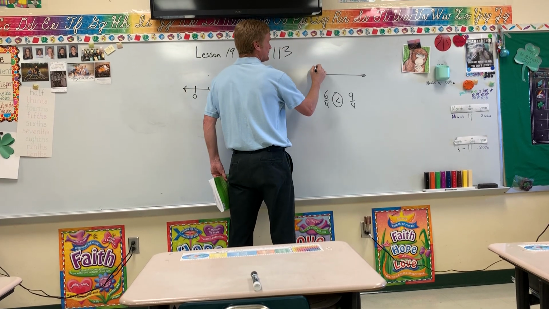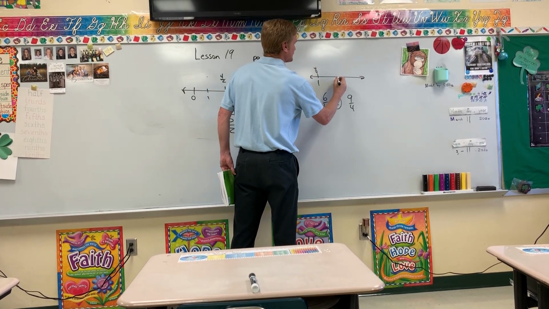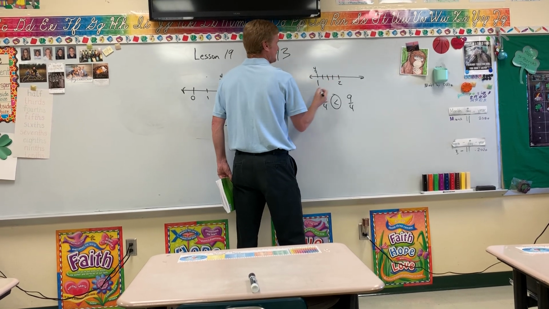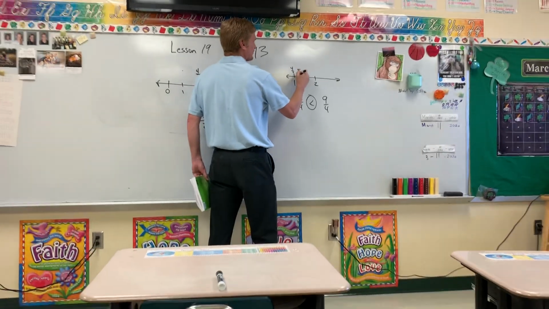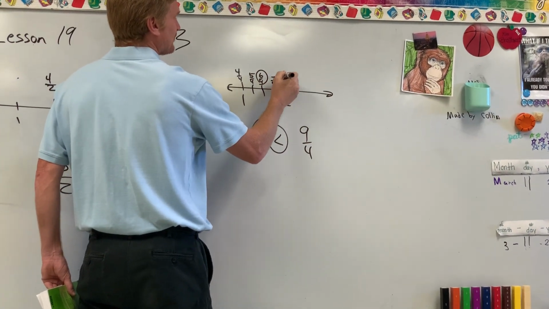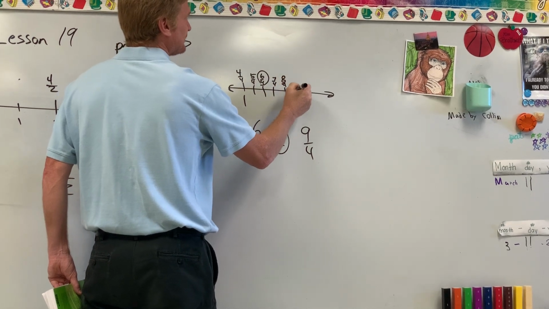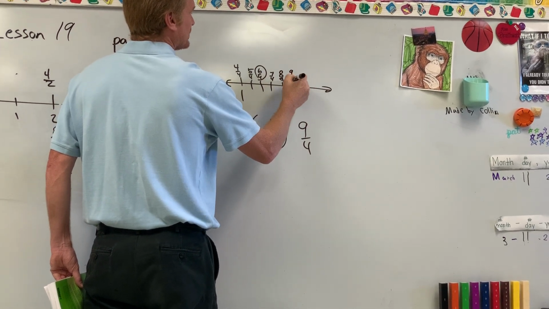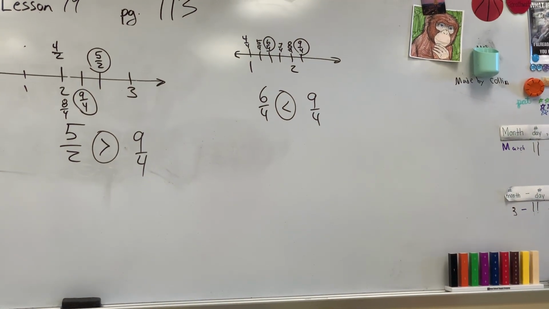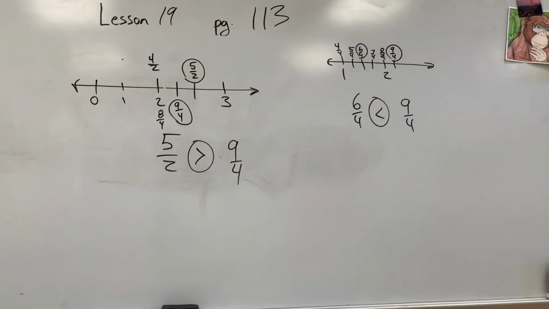Start at 1, where I know it is 4/4. Let's go like 2, 5/4, 6/4, 7/4, 8/4, and here's our 9/4. So that is showing on the number line that 9/4 is farther away from 0 than 6/4.